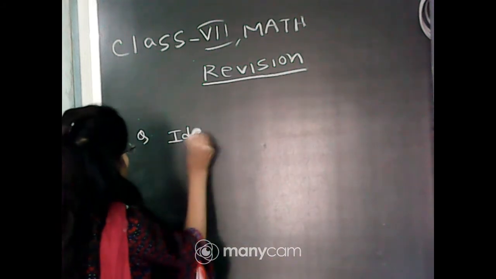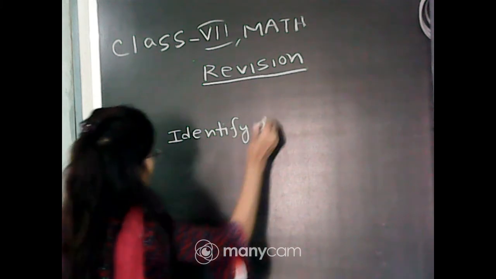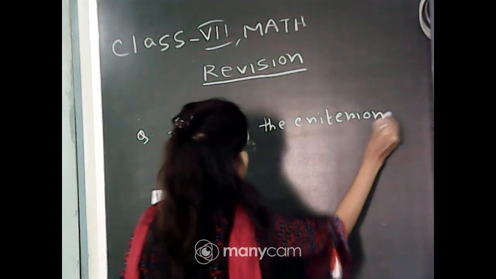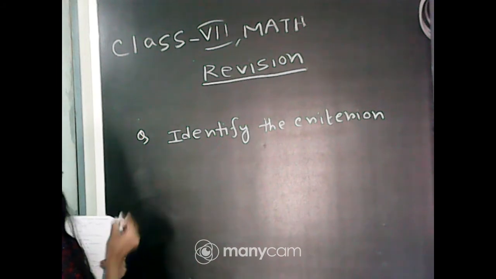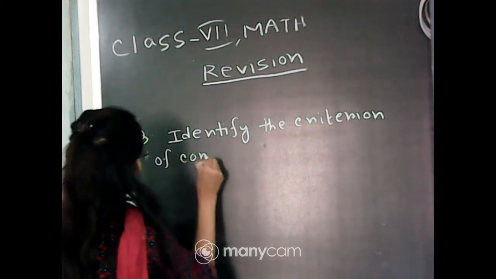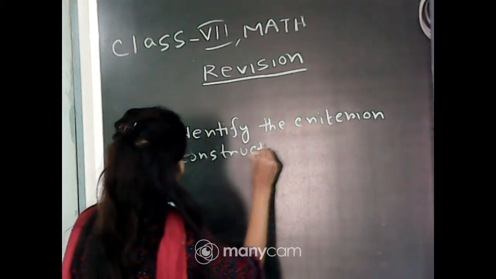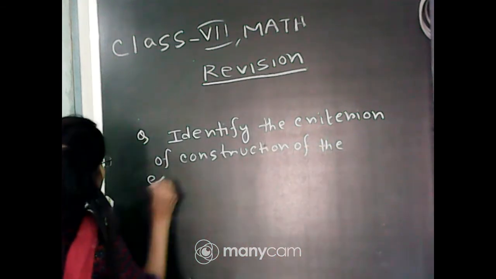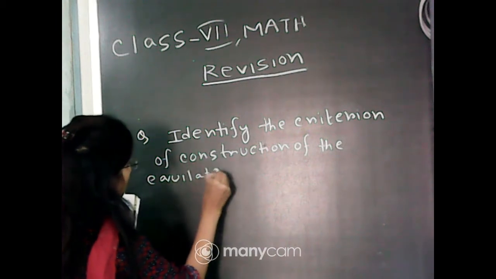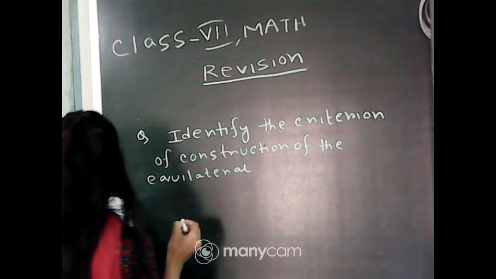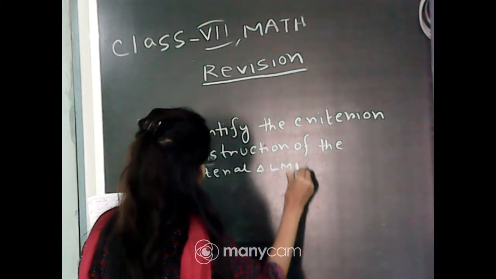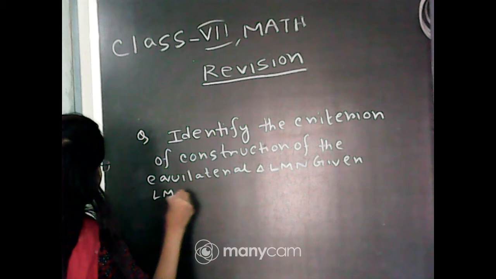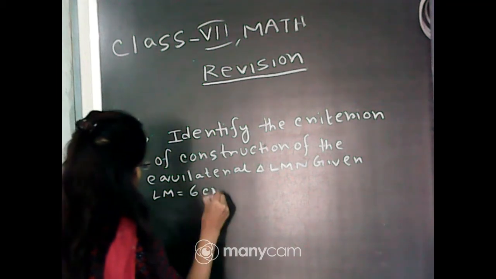Identify the criterion of construction of the equilateral triangle LMN, given LM is equal to 6 cm.